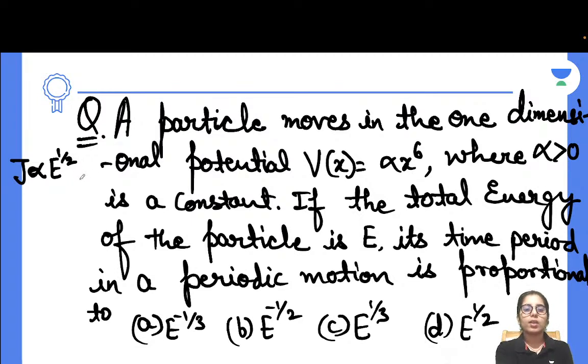And the other thing is E to the power 1 over 6. We will consider that at x equal to a, the potential energy is equal to the total energy, and from there you will get the position, that is x or a dependency on E. So that will be E to the power 1 over 6.